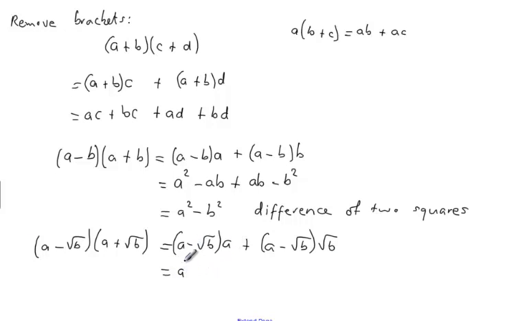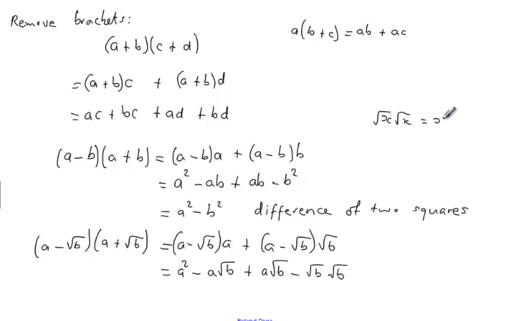Then I would multiply here and get A squared minus A square root of B, plus here A square root of B minus square root of B times square root of B, all together. Then I can come to this and say I've got square root of x by square root of x.